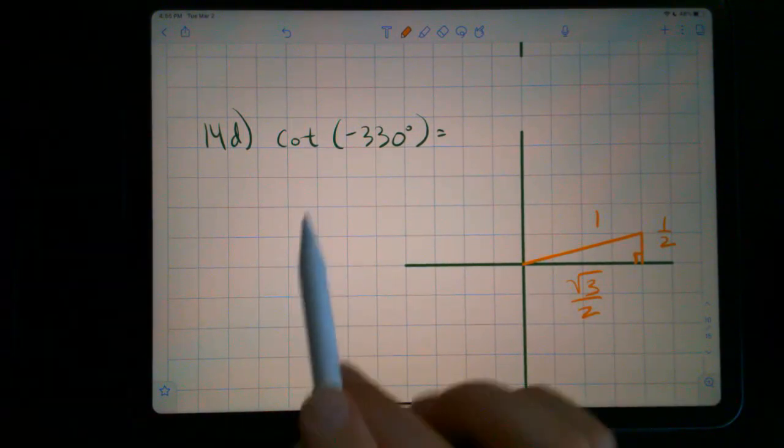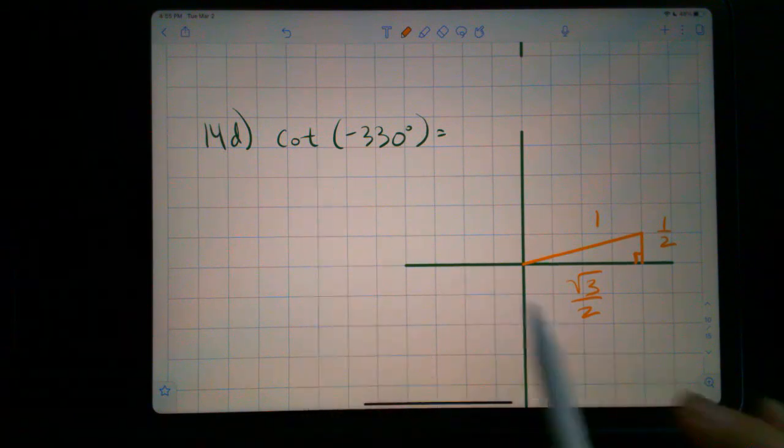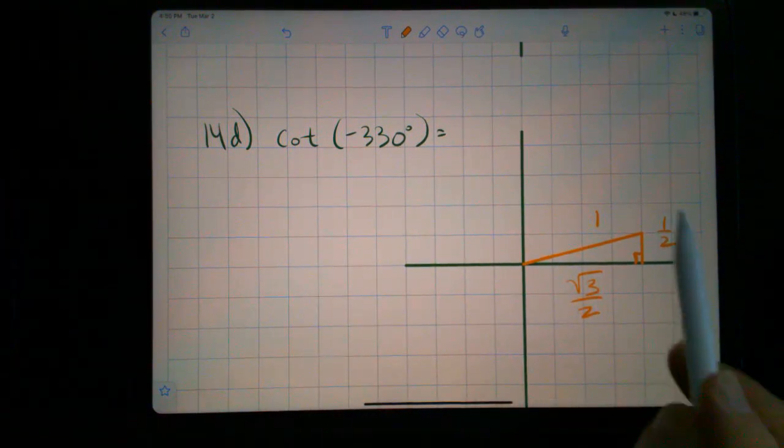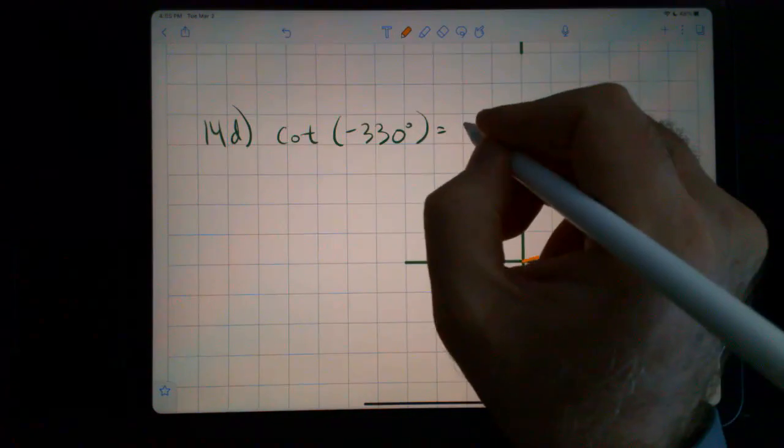So cotangent is your x over your y. This is going to be the x over the y, radical 3.